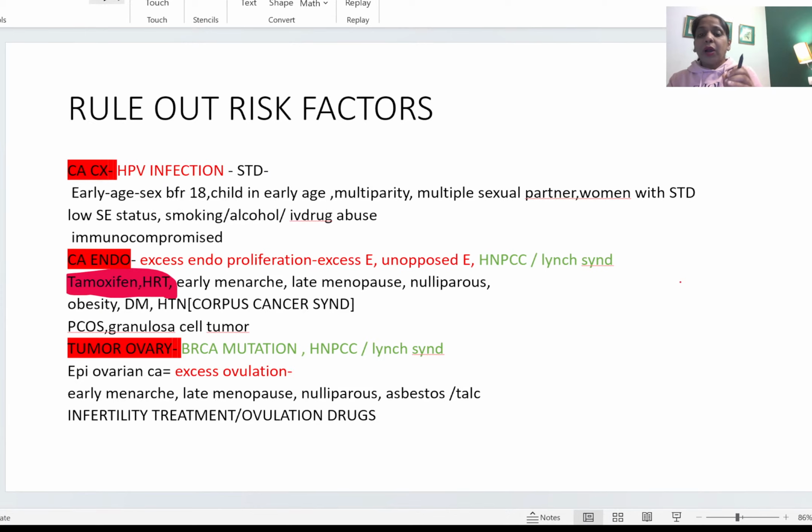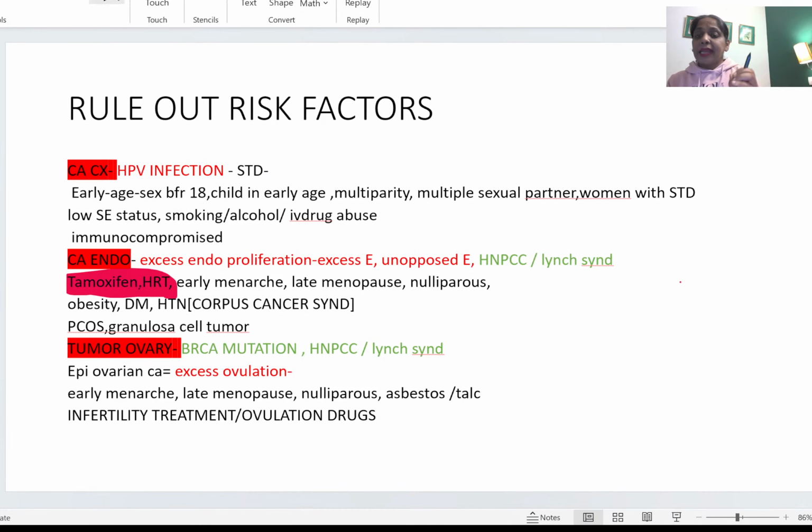Now, let us talk about the tumors which have increased estrogen. Granulosa cell tumor. You all know granulosa cells synthesize estrogen. If there is a granulosa cell tumor, then there will be a factory of estrogen.